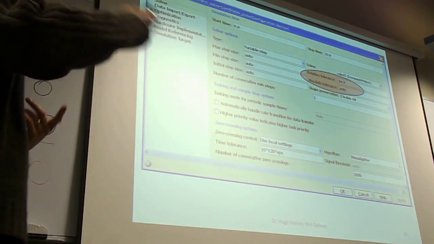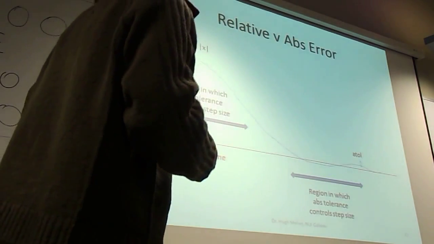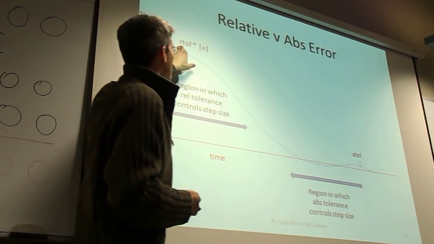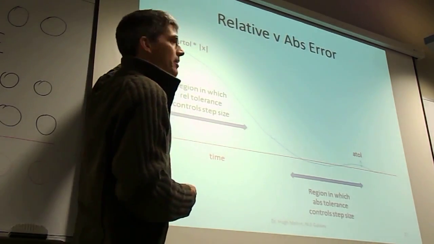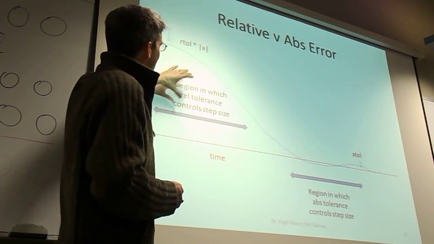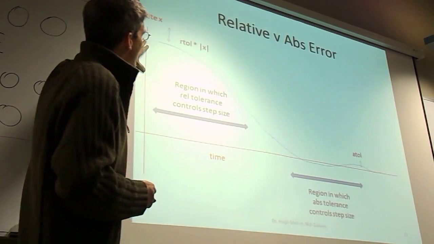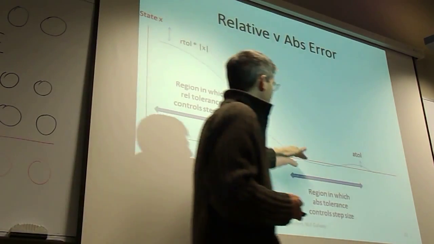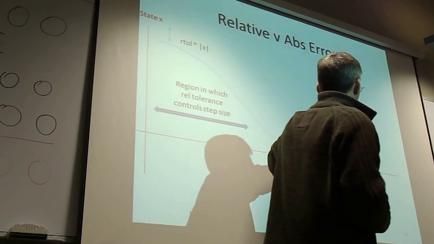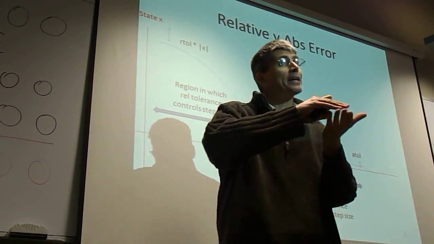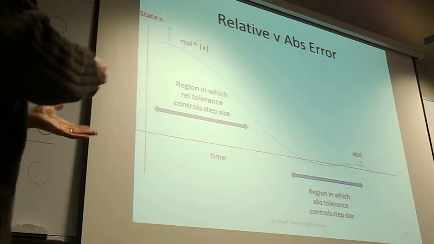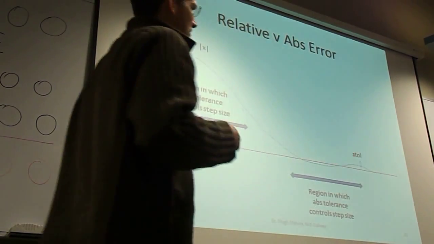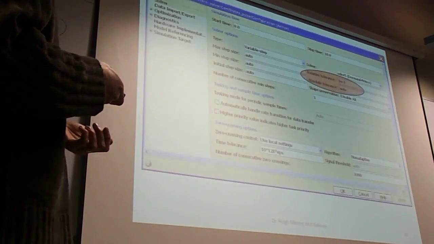And Simulink works around those two. Where the state is high, 1,000th of that value will be fairly high. So when the state is high, it's the relative tolerance that controls the step size. If the state is very low, then of course 1,000th of that state will be tiny. And in those intervals, it's the absolute tolerance that dictates the step size.